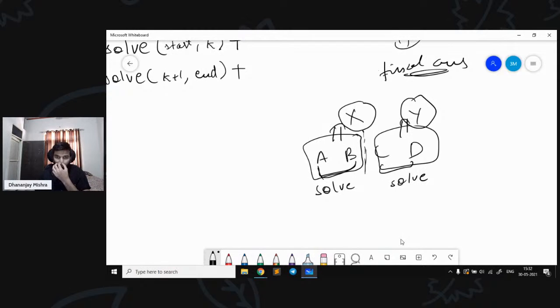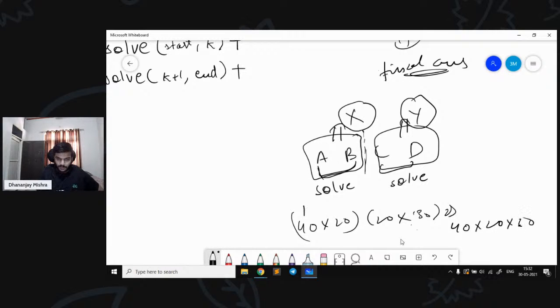As we saw, if I had matrices with dimensions, let us suppose, 40 into 20 and 20 into 30, what was the cost? The cost was 40 into 20 into 30. That means the left-hand part, this middle one, and this rightmost part, right?